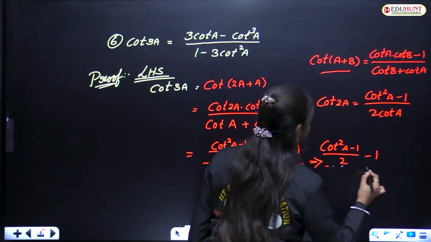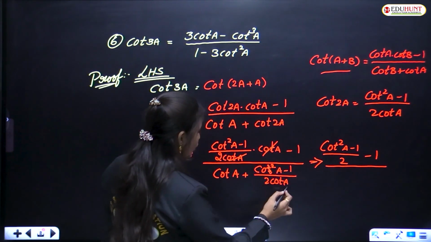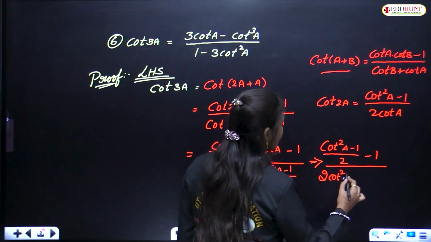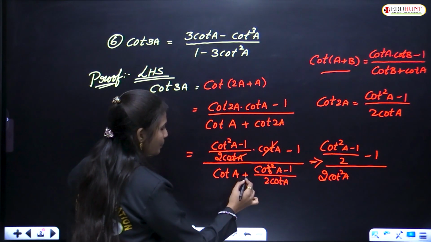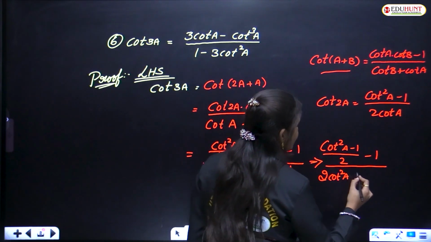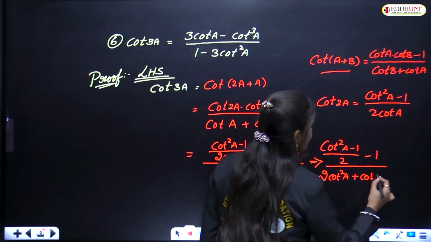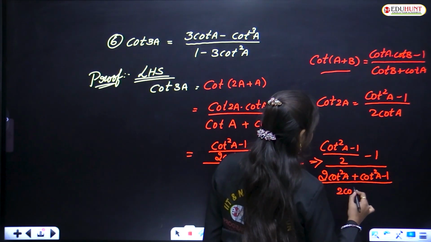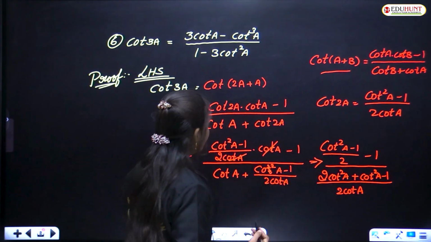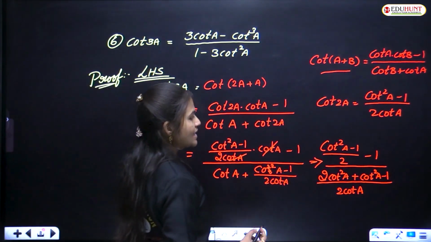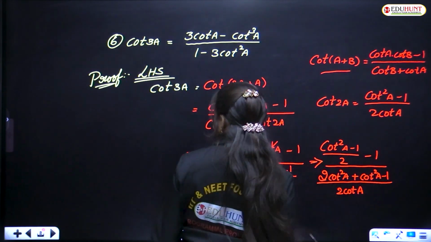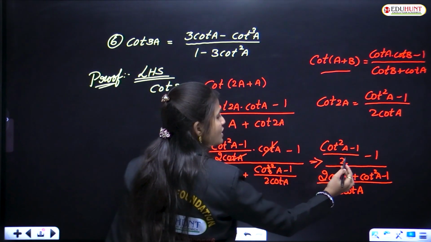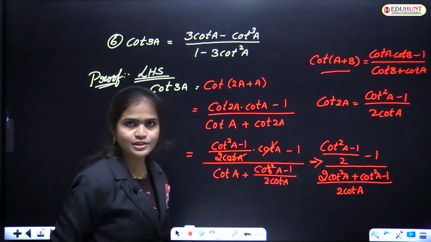So minus 1 whole by 2 cot A into cot A is equal to 2 cot square A. So 2 cot square A plus cot square A minus 1, whole by 2 cot A. Any cancellations possible here? Yes, we still need simplification. So cot square A minus 1 by 2 is there, and 2 into 1 is minus 2.